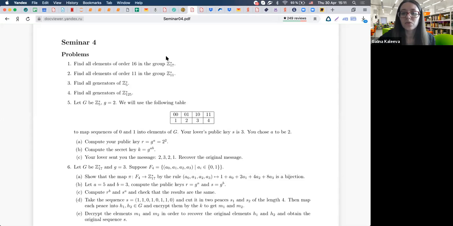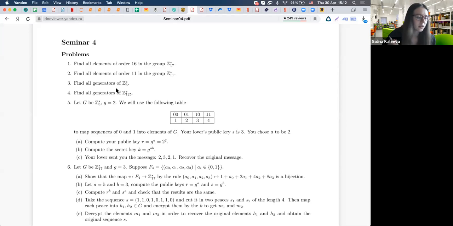First of all, you knew those groups as additive groups, and then you studied their multiplicative groups. So let's start with the third problem. It looks like the easiest one of all these first four problems.